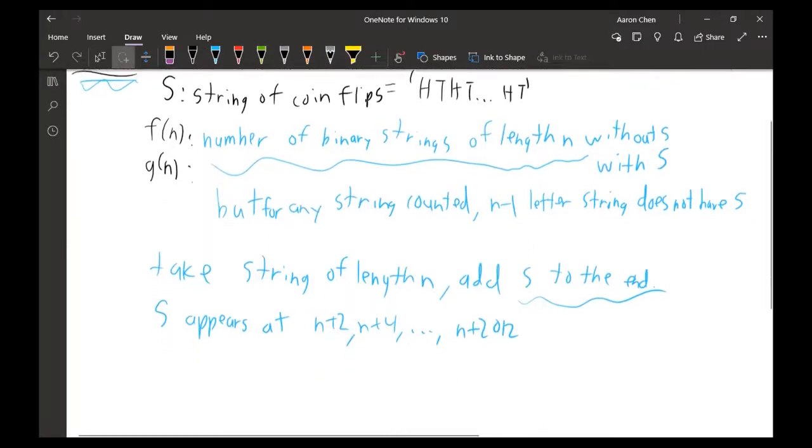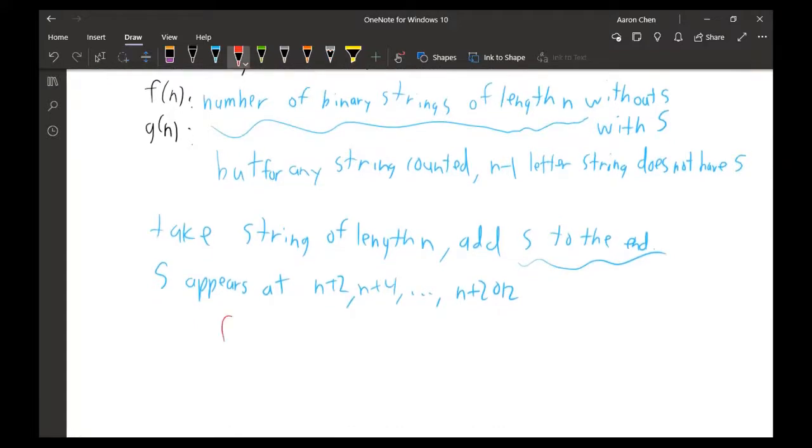And so what that means is that f of n is equal to g of n plus 2 plus g of n plus 4 all the way to g of n plus 2012.